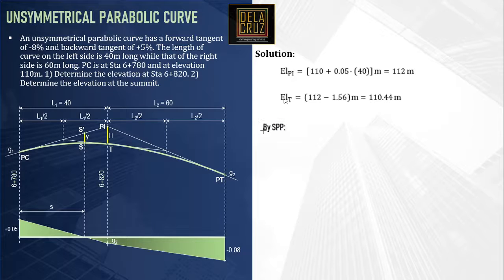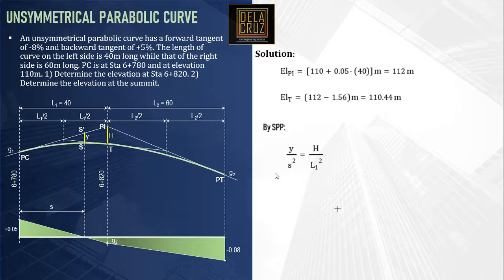By SPP, Y is to the length S squared, equals H to the length of PC, from PI to PC. That is L1 squared. That is just the square property of a parabola.